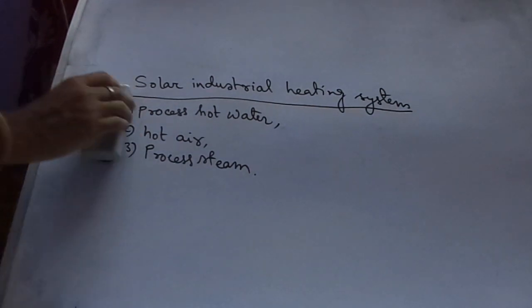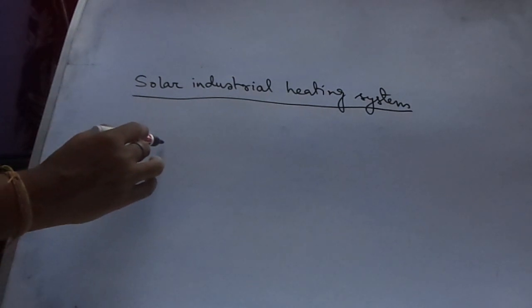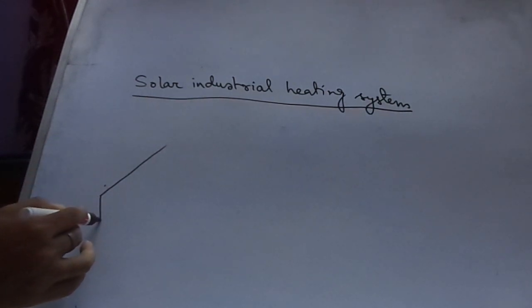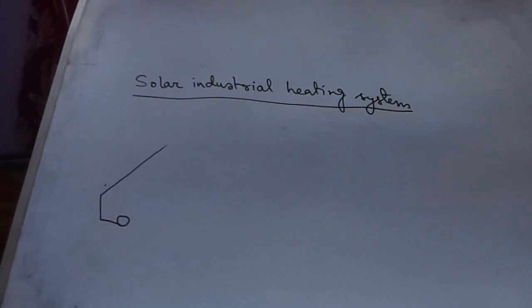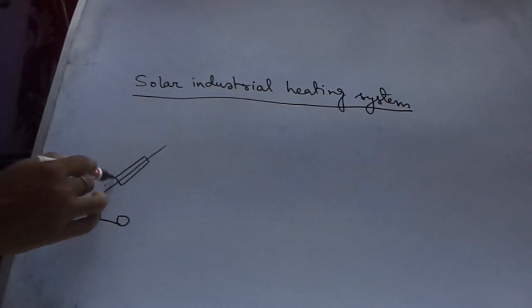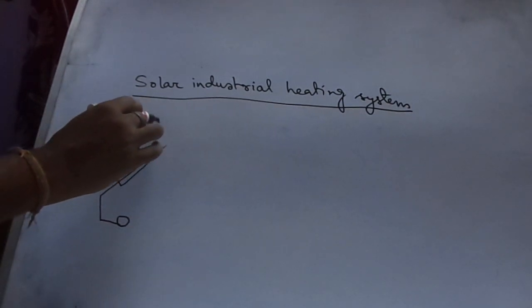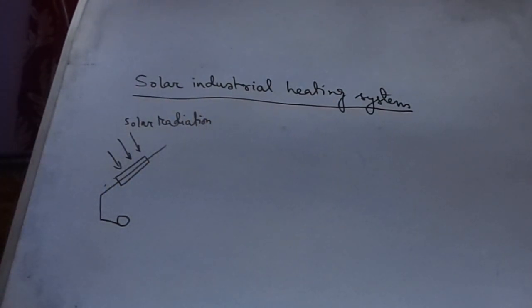Now, a hot air solar heating system is shown in this figure. If you draw the diagram, there is solar radiation, the solar rays.